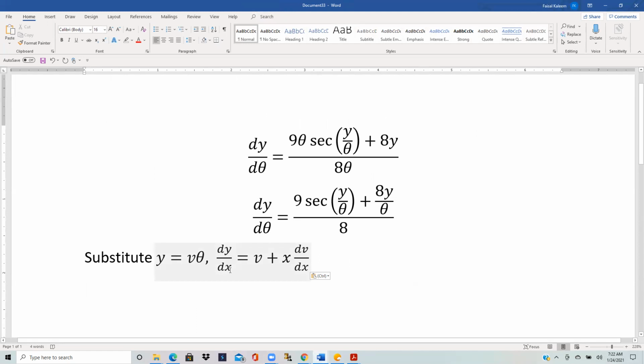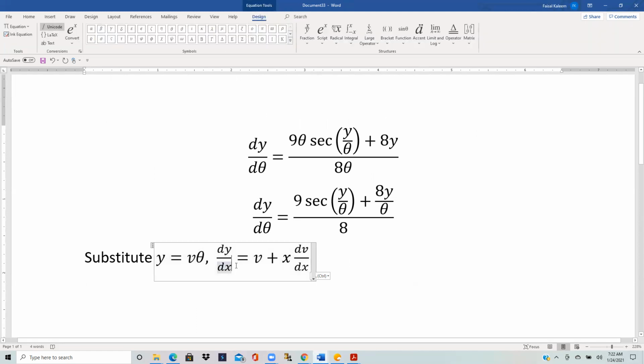Although in this case we don't have x, but we have theta. So this will be theta.